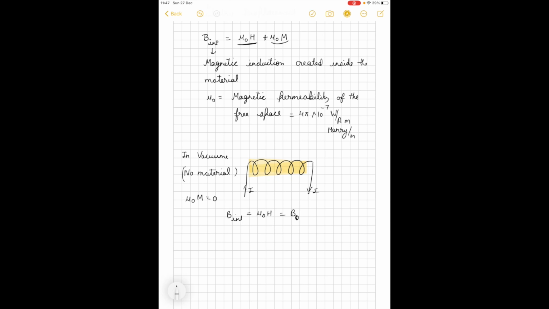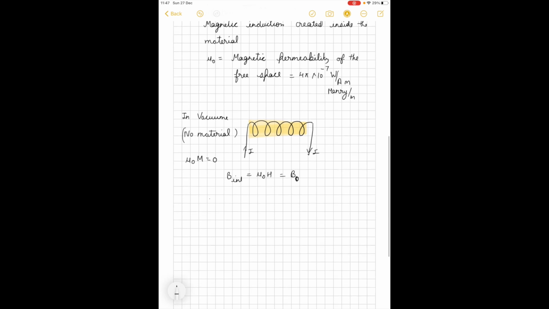Now instead of vacuum, if we have some material there, this B int will be the sum of both mu naught H plus mu naught M, or in some sense I can write B int is equal to B naught plus mu naught M, in general, with some material.